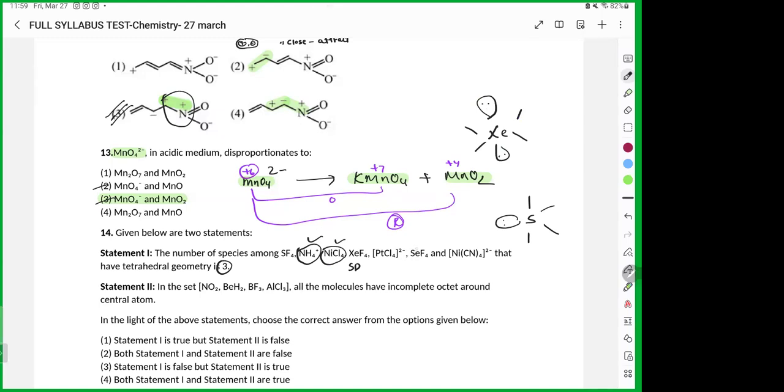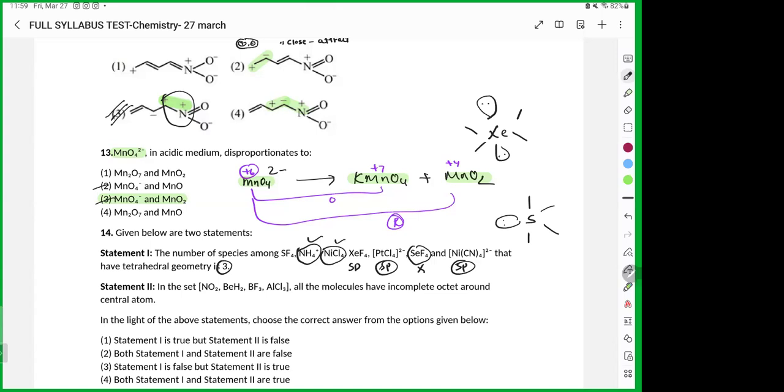Selenium, again sulfur family. This is wrong. Platinum chloride, square planar. Cyanide, definitely square planar. Tetrahedral is not possible. Correct?